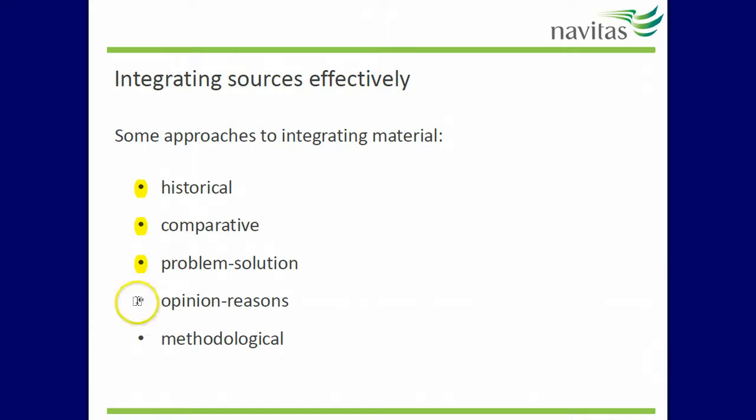In the opinion-reason approach, present the current opinions on the topic, then give reasons and evidence to evaluate them. In the methodological approach, concentrate on the procedures different researchers have used to find out why seemingly similar experiments produced dissimilar results.